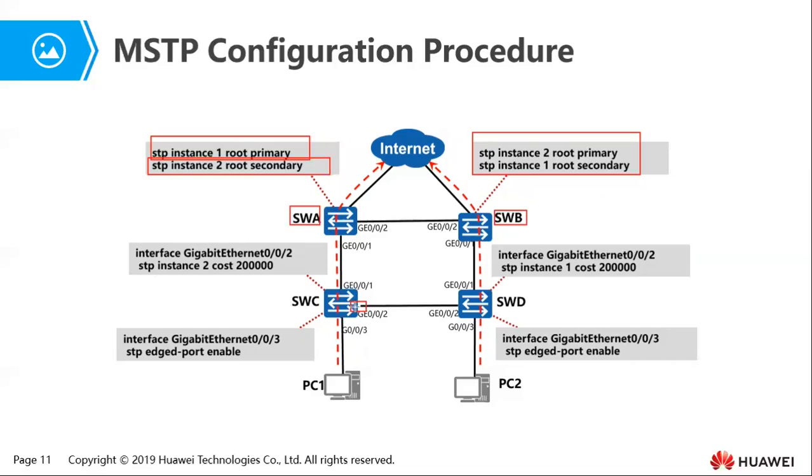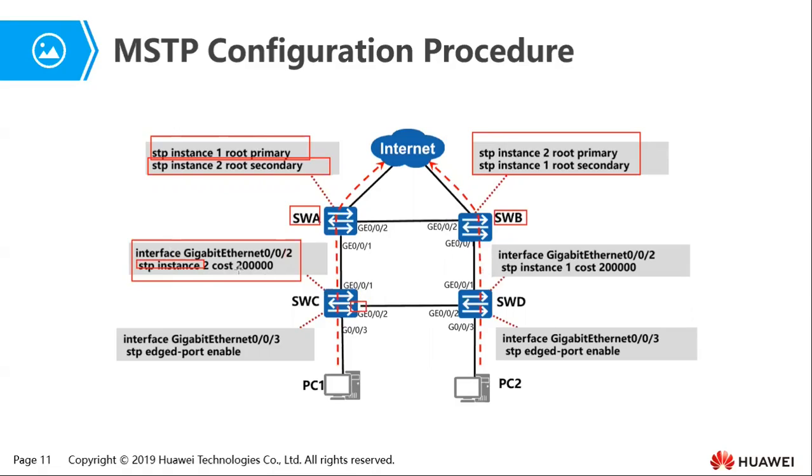So we want this particular interface on switch C to be blocked. So how to do that? We go into that interface, then we simply increase its cost. By increasing its cost, its RPC to the root is going to be the largest, and therefore it's going to be blocked.